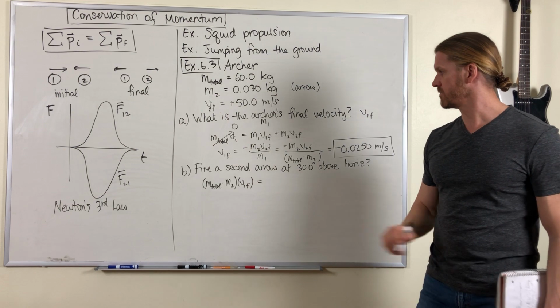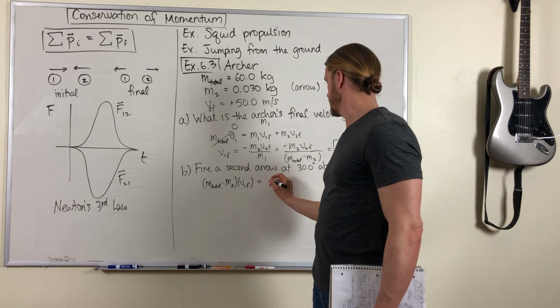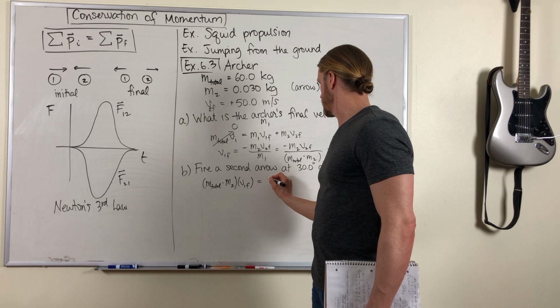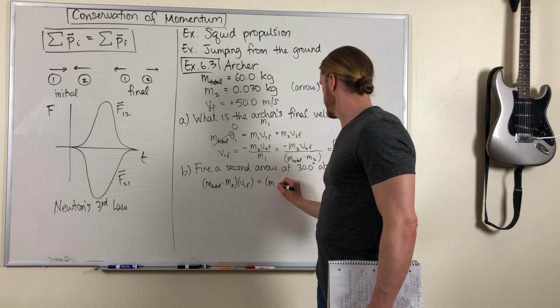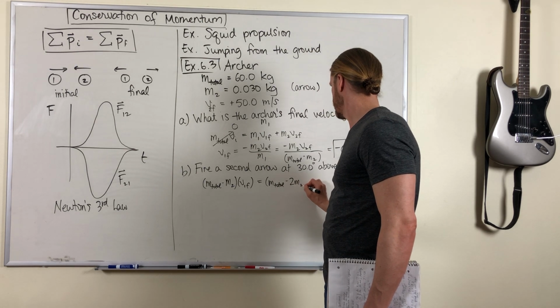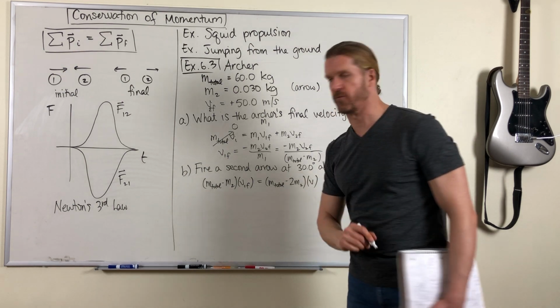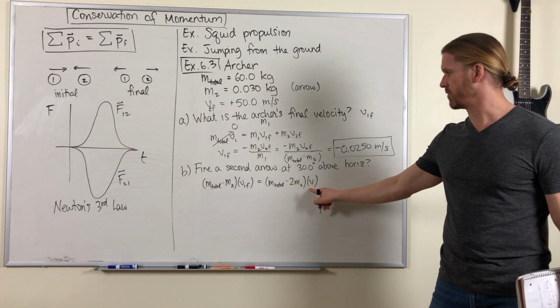And now they shoot another arrow. So we've got M total minus 2 arrows now. And let's just call the answer to this part V. I'm running out of labels. That's what we're going to be looking for.